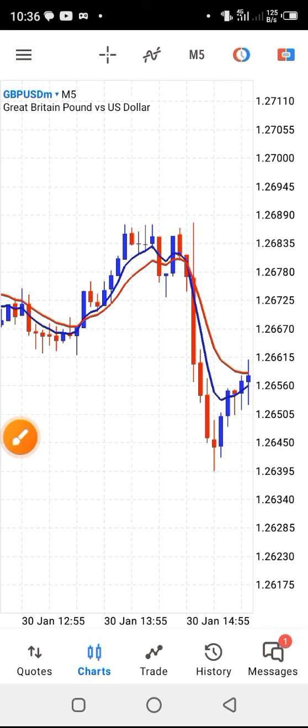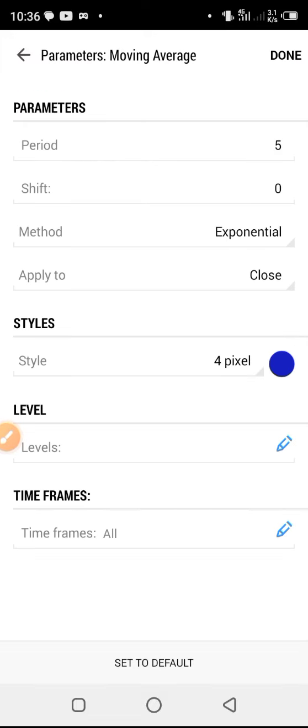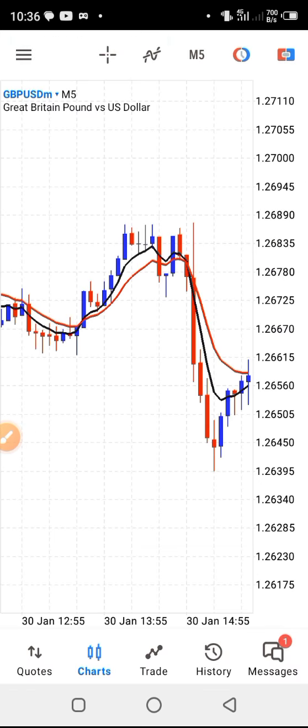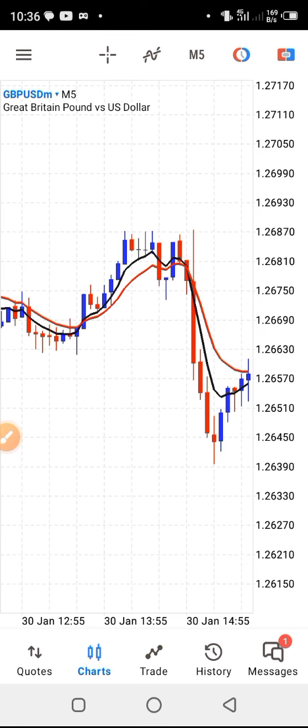Let me change that. I want to change this blue to black, so I'll have black and red. Done. Okay, now it's better. The red, you can also change it to a different color, because I can see that the red is also aligning with that, but I won't waste time trying to change that. Let's just go. Let me explain how to go about it.